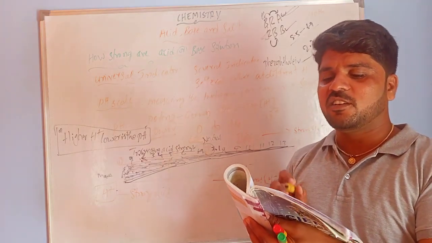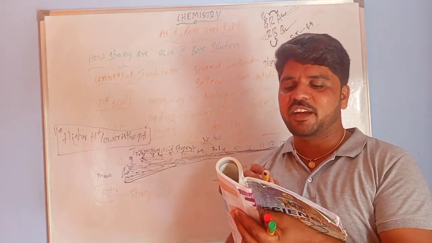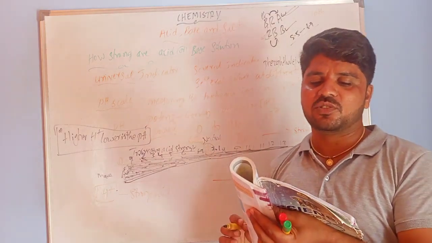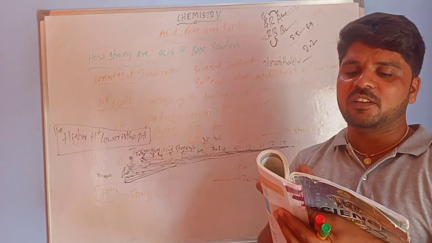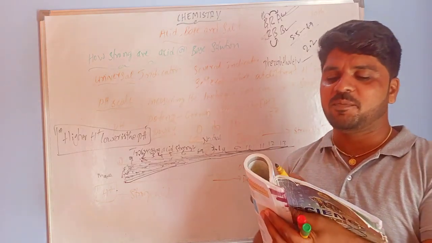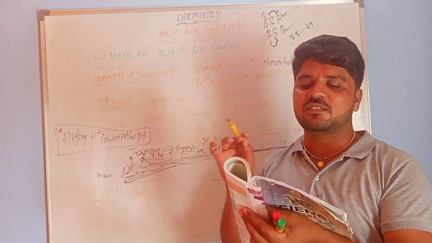That's why we use blue litmus paper. Their approximate pH value is 5 and the nature is acid. Tomato juice is also an acid, so we use blue litmus paper. Its pH value is 4.1 and the nature of the substance is acid.